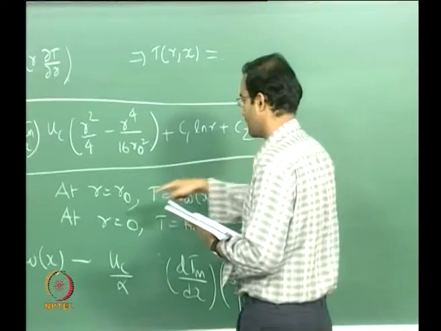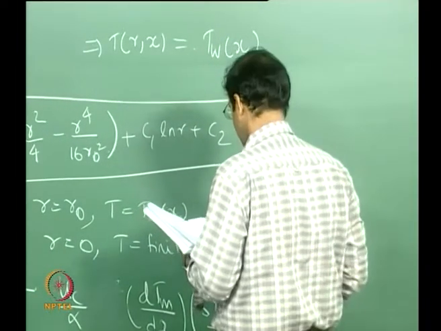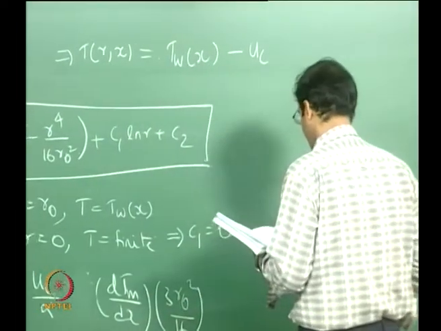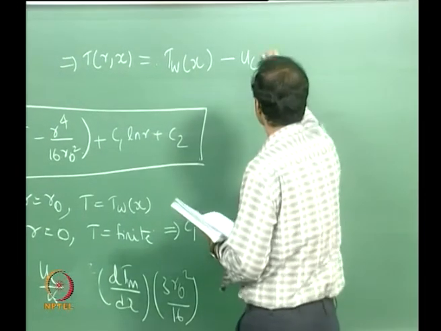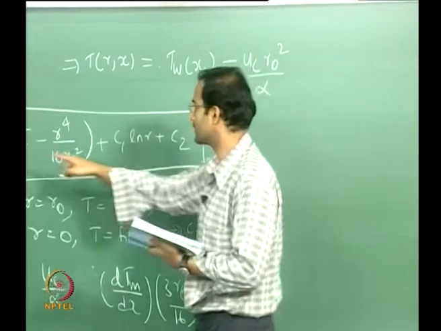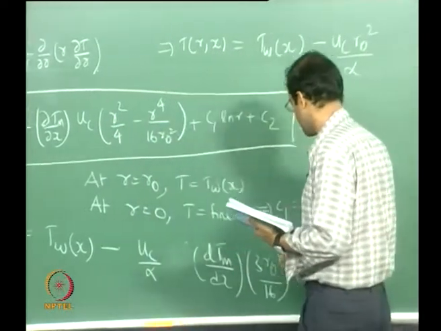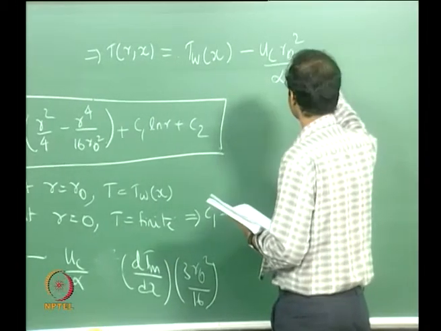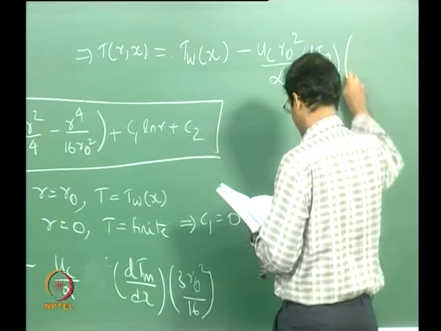Of course you have your T_wall of x, which can be written as this, minus Uc by alpha, we can also pull out r₀² as common, so that everything can be expressed in non-dimensional form, into dTm/dx, that is also common.